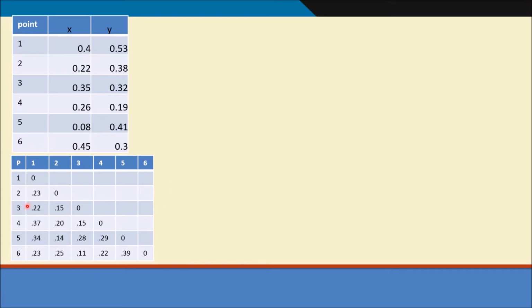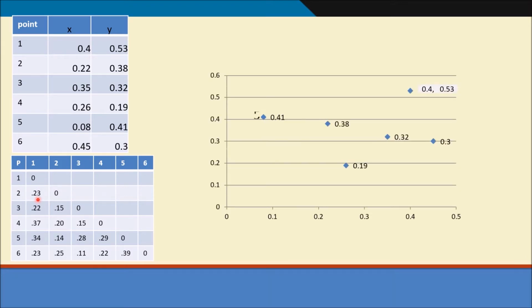Now, how did we get the distance between point 2 and point 1, which is 0.23? We have to see the graph that we had created. Over here, the coordinates of point number 1 are 0.4, 0.53, and the coordinates of point 2 are this. Now we have to find the Euclidean distance between point 2 and point 1.